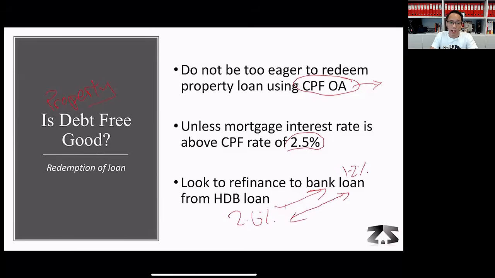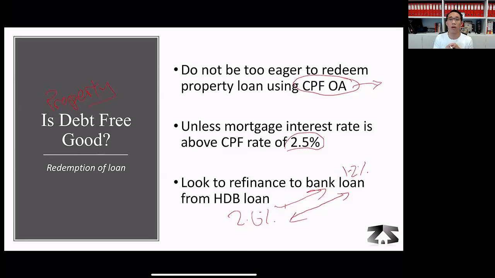I understand that if the HDB loan is 2.6%, maybe most people want to redeem it with the CPF that they have accumulated in their OA. I mean, that's understandable. But if you can take advantage of the current situation to refinance to a bank loan with a low interest rate, you'll find that it is one of the best that you can get.